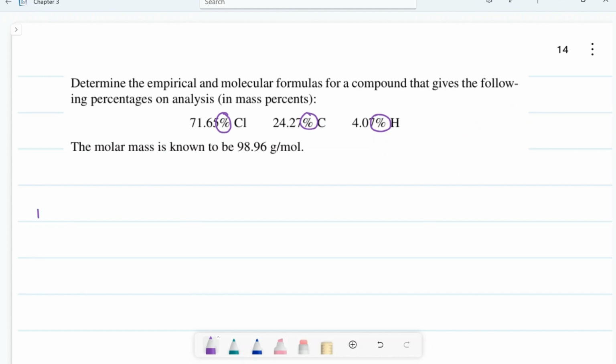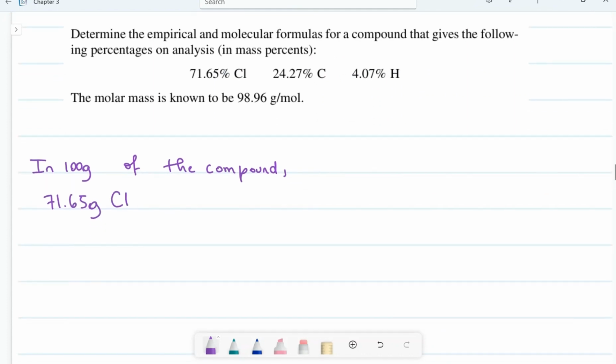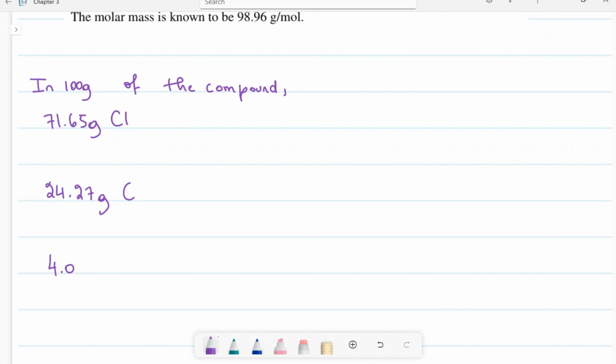So if we had 100 grams of the compound, having 71.65% chlorine means in 100 grams, 71.65 grams are chlorine, 24.27 grams are carbon, and 4.07 grams are hydrogen.